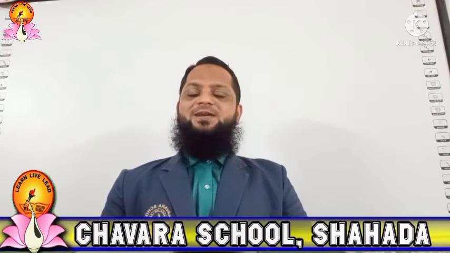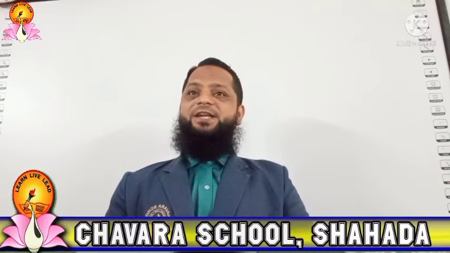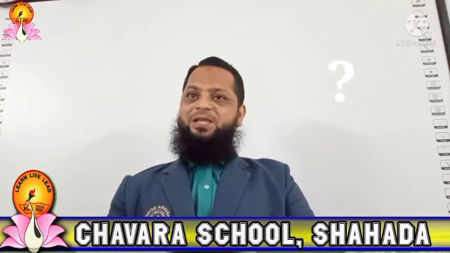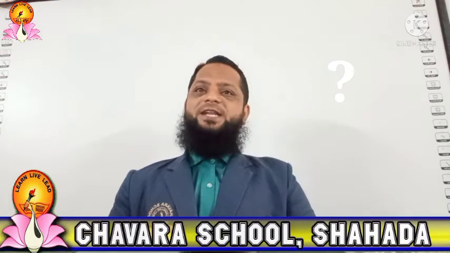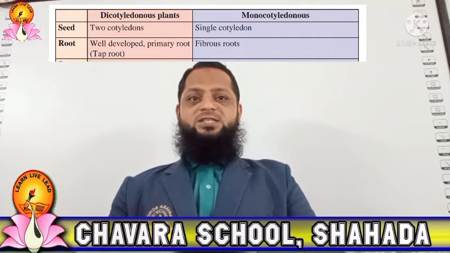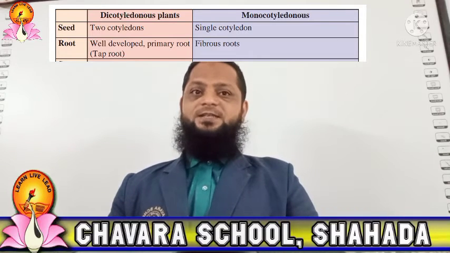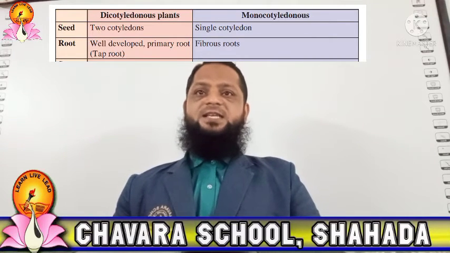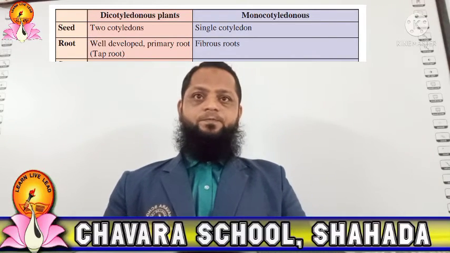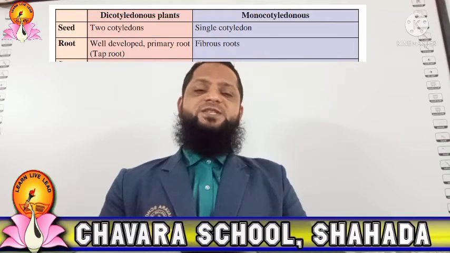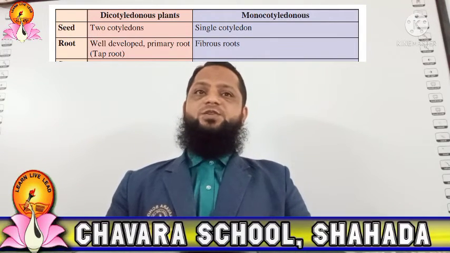So dear students, what are the differences between dicotyledonous plants and monocotyledonous plants? Dicotyledonous plants contain the dicotyledonous seed, meaning two cotyledons are present in a seed. Such plants are categorized as dicotyledonous plants. If a single cotyledon is present in a seed, then such a plant is said to be a monocotyledonous plant.